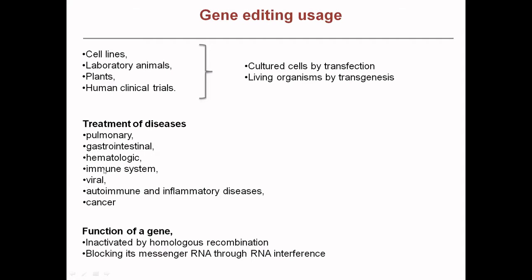We can prevent viral infections or cure viral diseases. We can cure autoimmune and inflammatory diseases as well as cancers. Along with it, we can use the gene editing tool for basic studies, like inactivation by homologous recombination or blocking RNA through RNA interference.